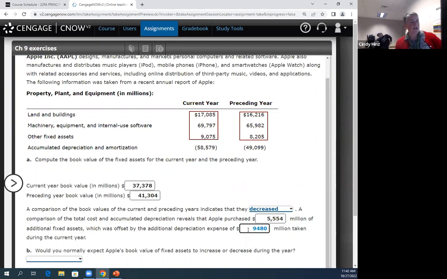So their depreciation expense this year was 9,480 million, or $9,480 million. So they reported more depreciation expense than what they spent on new acquisitions.